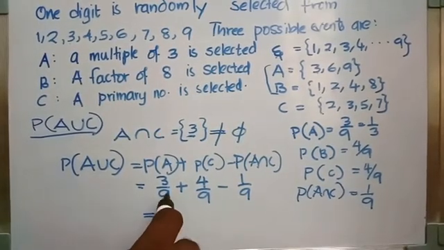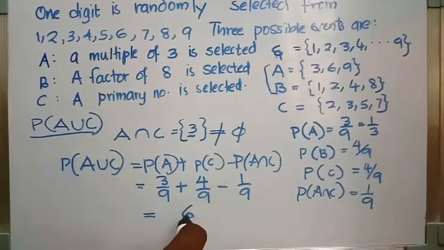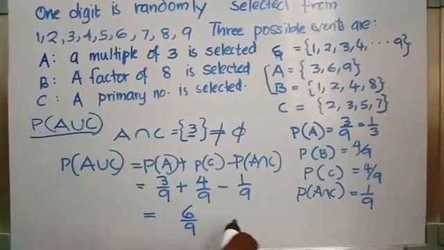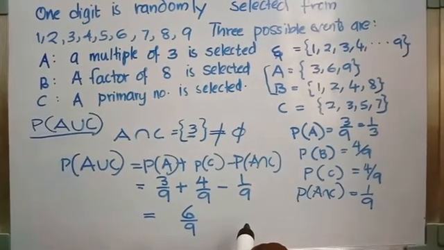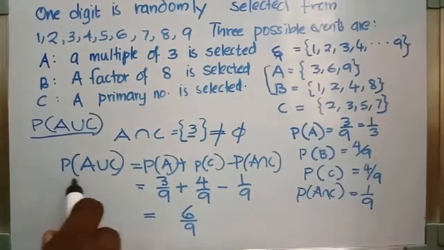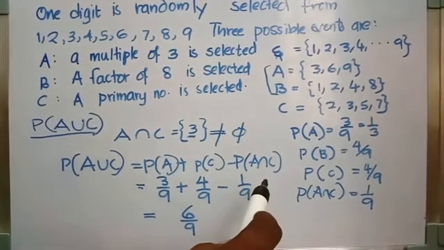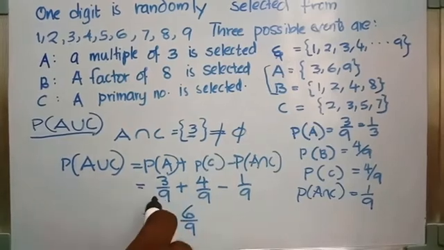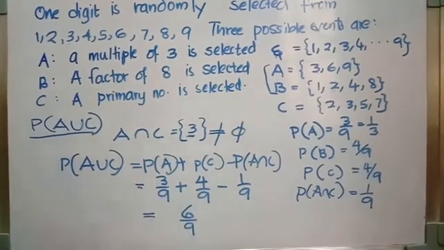We get it as 6 by 9 or 2 by 3. Even instead of using P, we can find the number directly. After finding the number, finally we can find P. That is also possible. Okay.